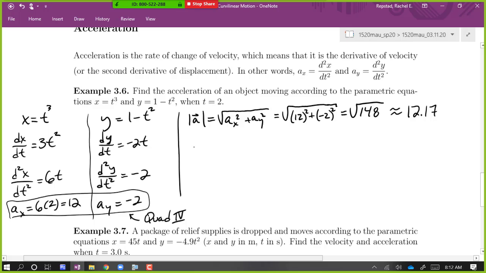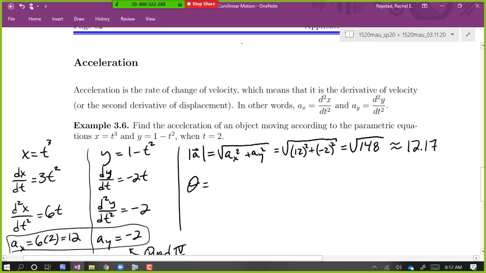And then the angle, it's in quadrant 4. So for a quadrant 4 vector, when I find arctan of the positive ay over ax, that's going to give me the measure of this angle. And so to find the standard position angle here, I'm going to take 360 and subtract alpha.